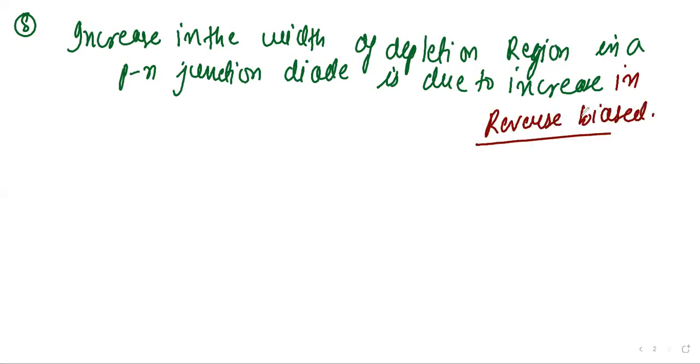When it is reverse biased, then its depletion region increases. So this is the 8th question. Now see the next one.